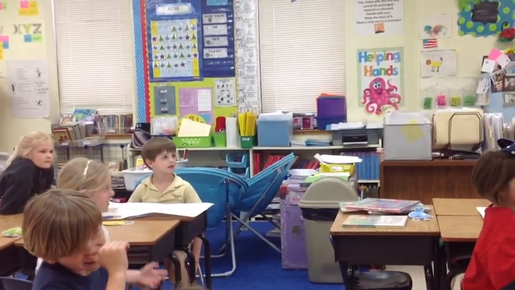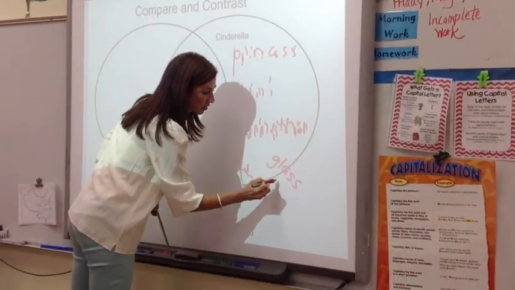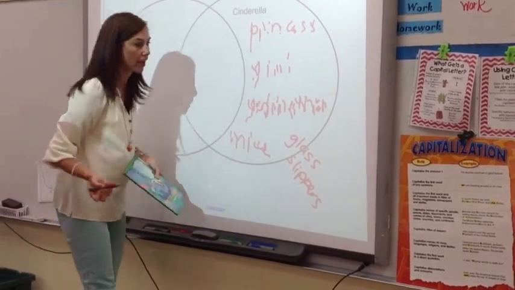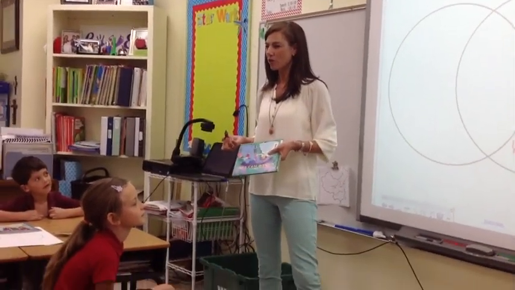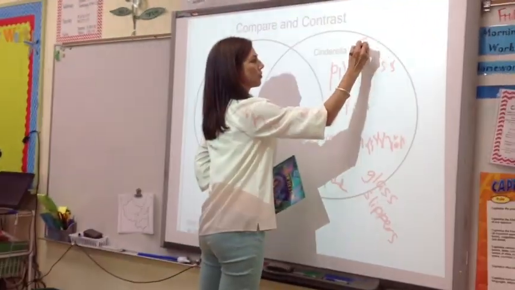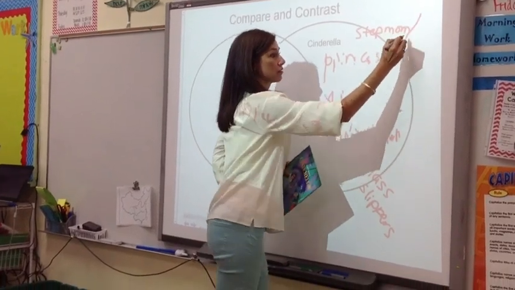She has glass slippers. Okay. Who did she live with? Cannon. A very evil person. Yes, she had a mean stepmom, right? And some stepsisters that were mean to her.